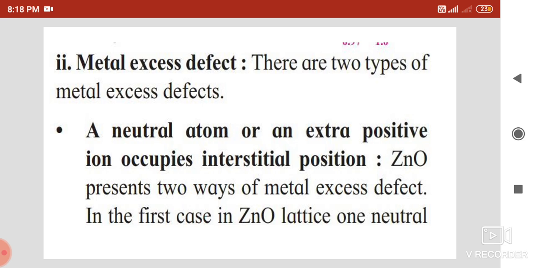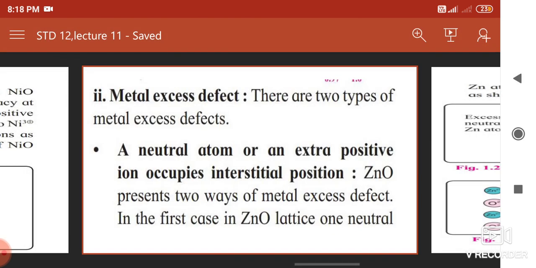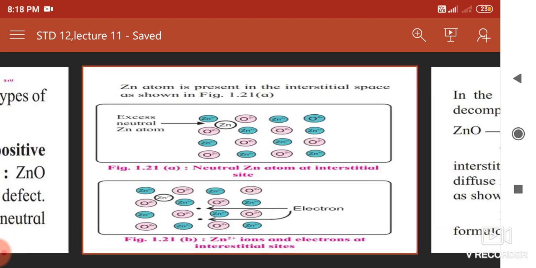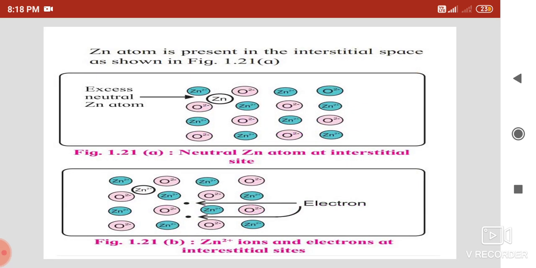You can see in this figure the example of zinc oxide, ZnO, where the zinc atom is present in the interstitial space as shown in the figure.